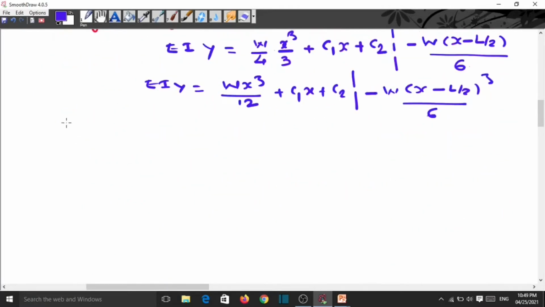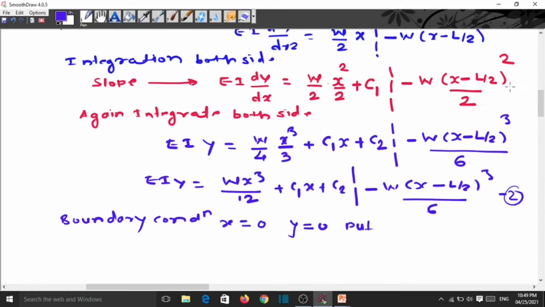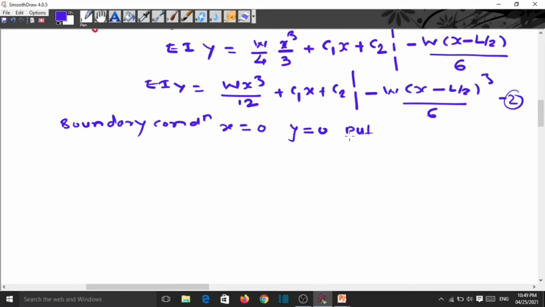So when x is equal to 0, y is equal to 0. Put in equation number 2. This is our equation number 2, and the previous one is our equation number 1. Put in equation number 2, because this is the equation of y.